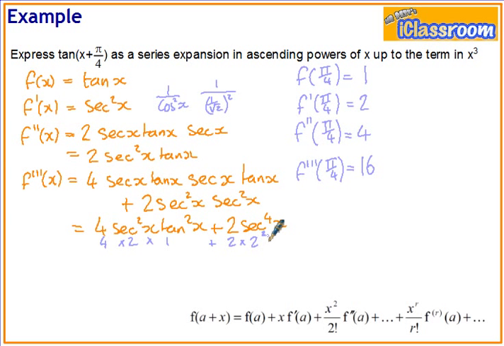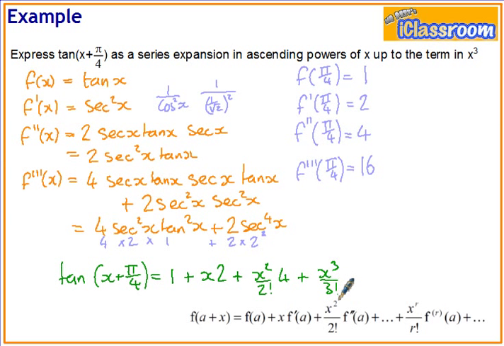At this point I can now go straight to my formula, and I can write in that tan of x plus pi by 4 is equal to f of a, which was 1, plus x lots of f prime of a, which was 2, plus x squared over 2 factorial lots of f double prime of a, which was 4, plus x cubed over 3 factorial lots of 16.